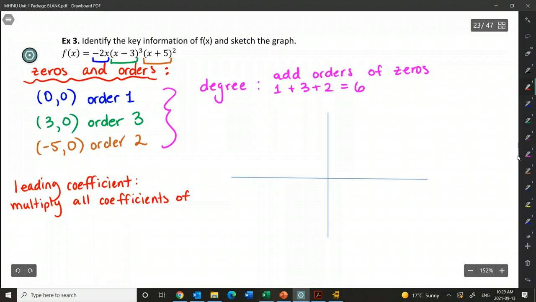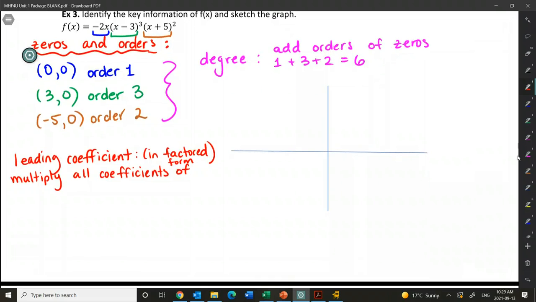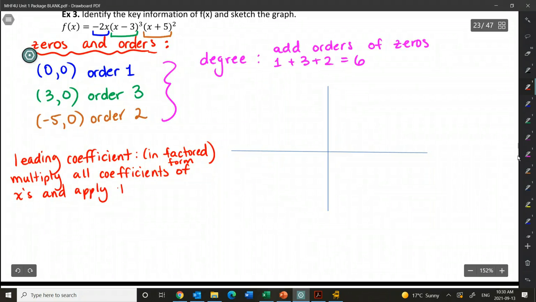This is only if you're in factored form, okay? So maybe I should just make a note that this is in factored form. Multiply all coefficients of x's and apply their exponent if they're in a bracket.